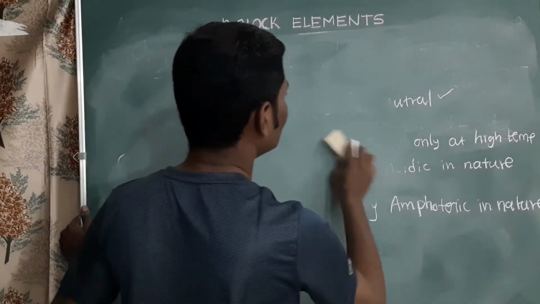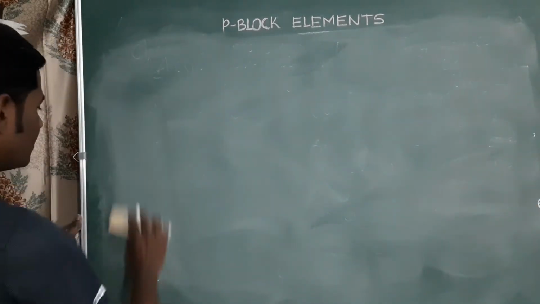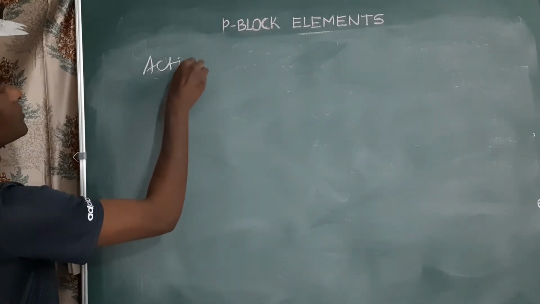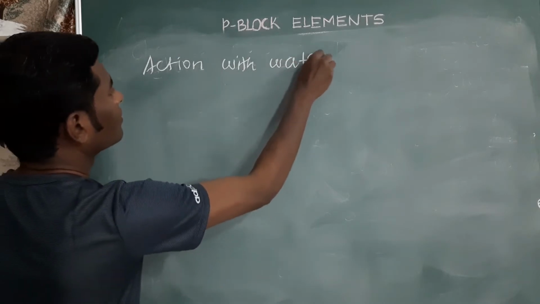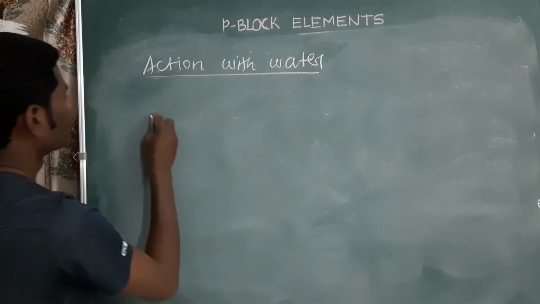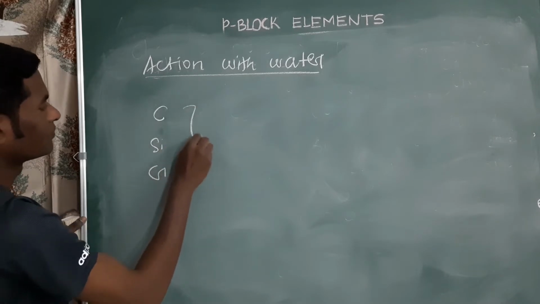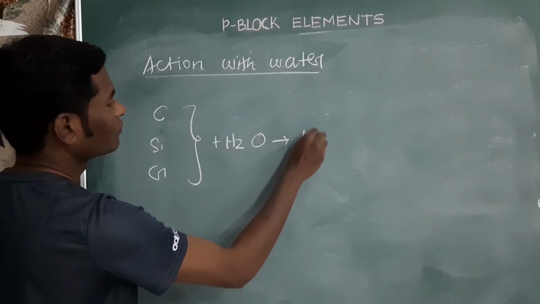Next is the reaction of group 14 elements with water. The first three elements, carbon, silicon and germanium, show no reaction with water.